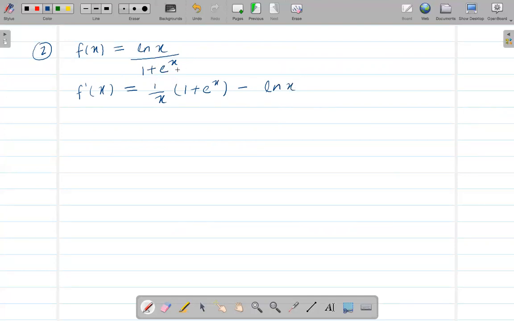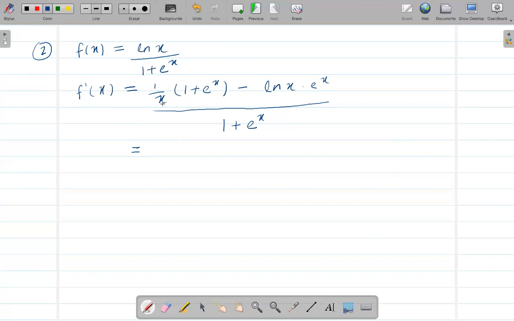and then we take the derivative of the denominator. The derivative of 1 is 0. The derivative of e to the power x is still e to the power x, so times e to the power x. Over, take the square of the denominator, (1 plus e to the power x) squared. All you can do here is combine these two, though I don't think you'll get a simplified answer.